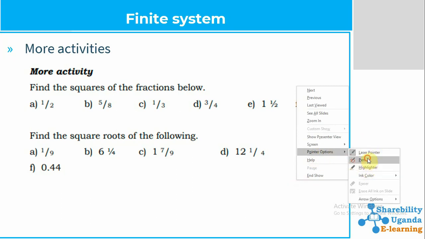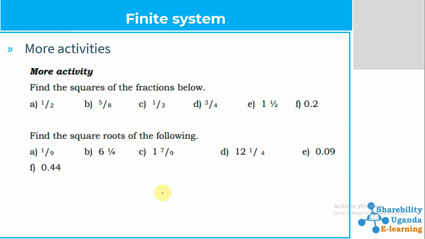Okay, so let's get our pen here so that we can start. We have our part E, as you can see here, and we have our part F. We have 0.09 and also 0.44.